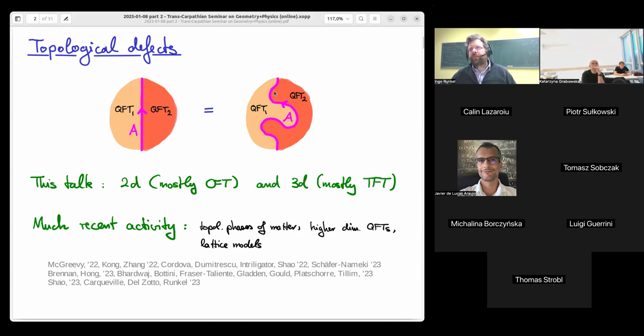You can locally deform it without modifying expectation values as long as you don't deform your interface across other insertion points of operators or fields. This, especially in higher dimensional field theory, has seen much recent activity in the context of topological phases of matter and symmetries of quantum field theories and so on. Down here I've just listed recent reviews on this to indicate that many people are thinking about this, and really there are many, many papers in this direction. So it's a bit of a hot topic at the moment.